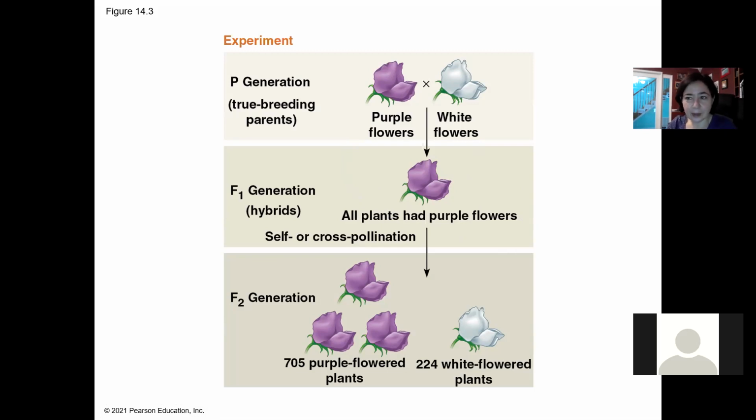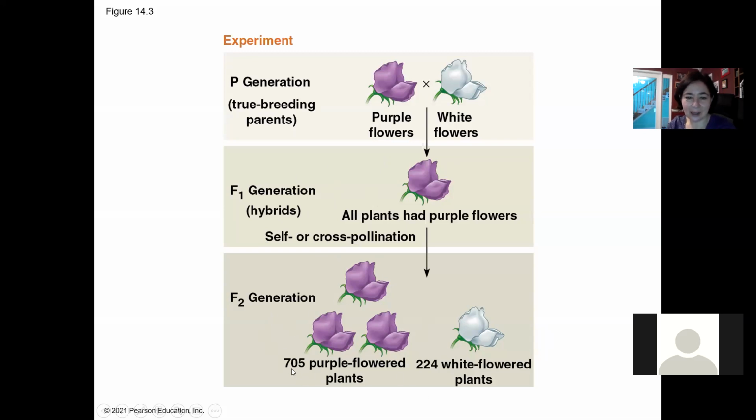Done. The end of the story. However, he was smart. He was smart because he decided to take F1, the hybrids, and cross them, right?